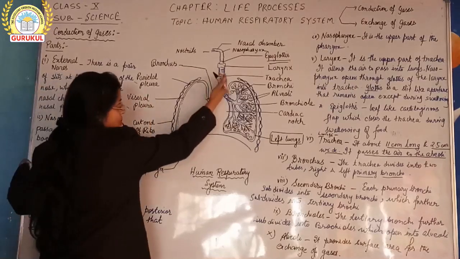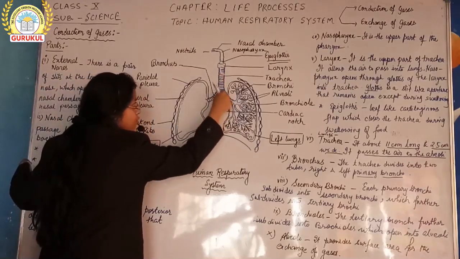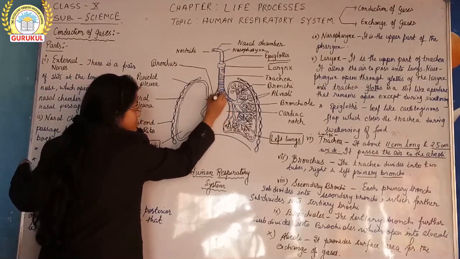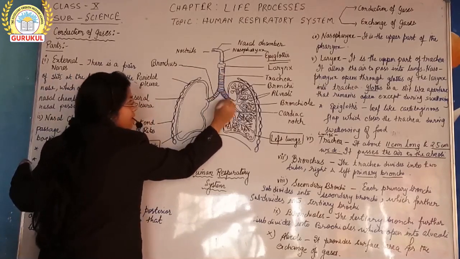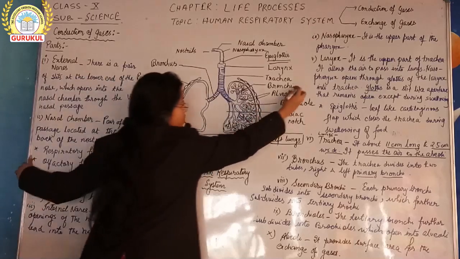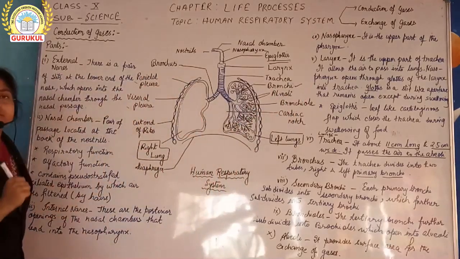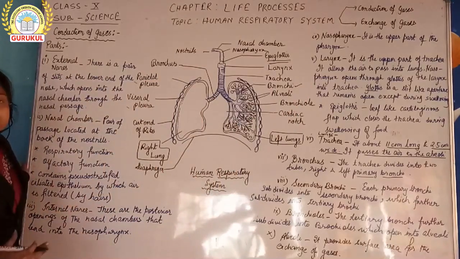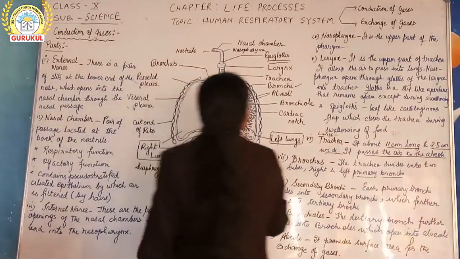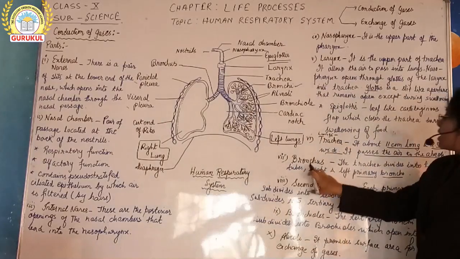Now this trachea divides into two branches. These two branches are known as bronchi, or in singular, bronchus.